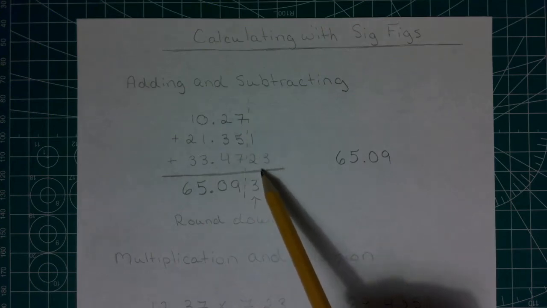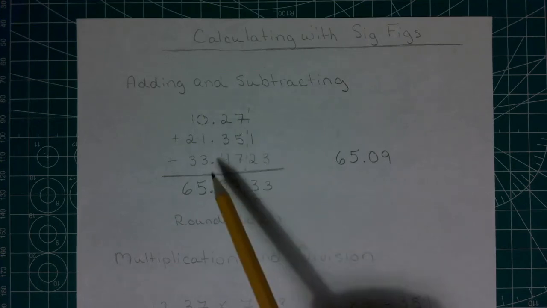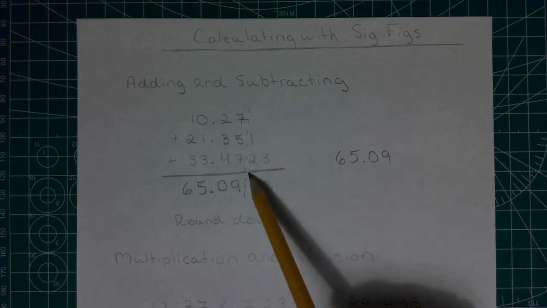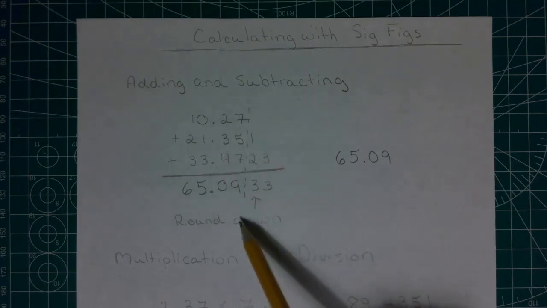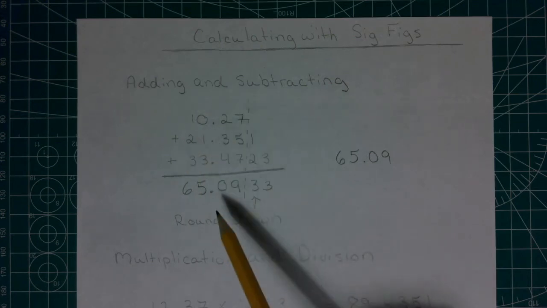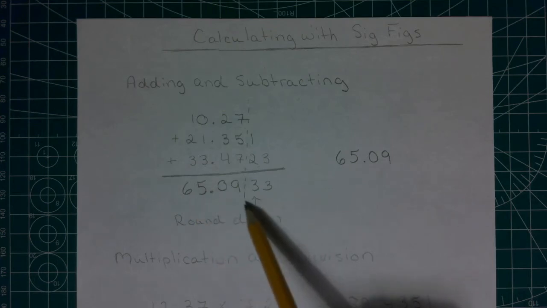So this one has an extra one, this one has an extra one, 2 here, but this one's only out to the hundredths place. So that's the lowest one, and I'm going to just imagine I draw a little line right down there. Then I'm just going to add them together like I normally would, carrying the one and going along until I get my final number.